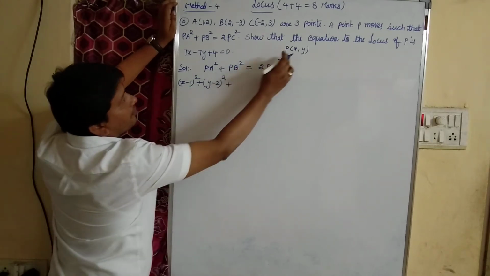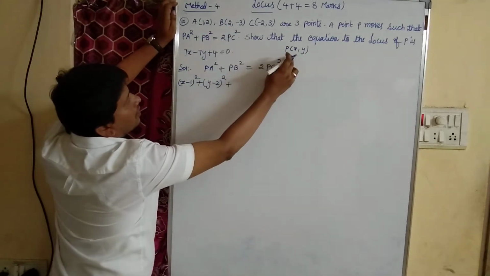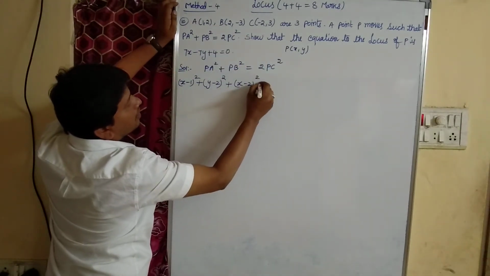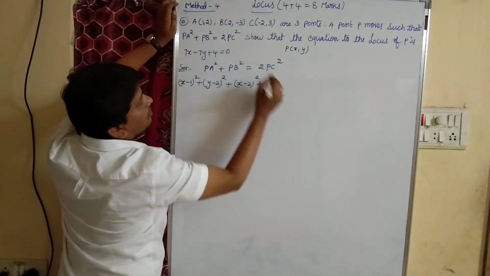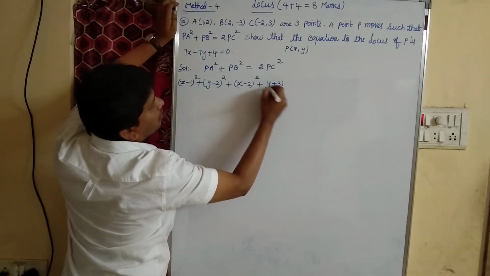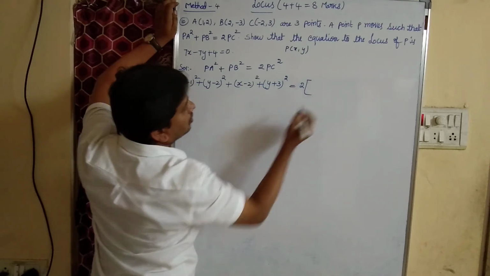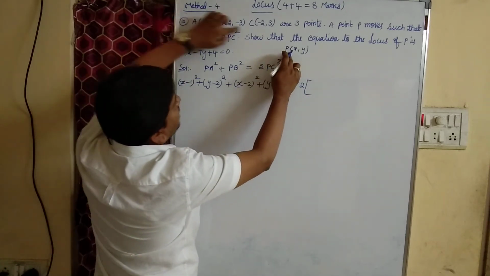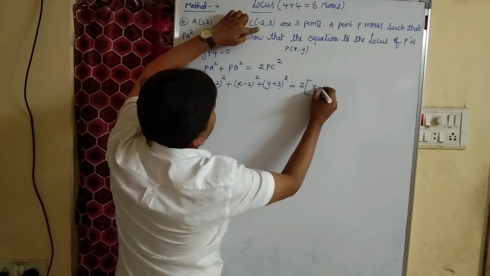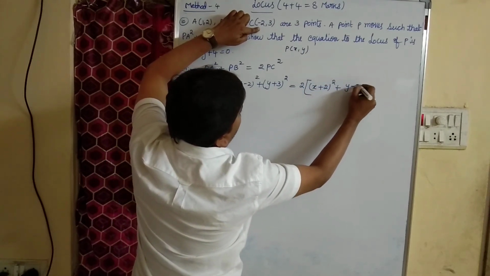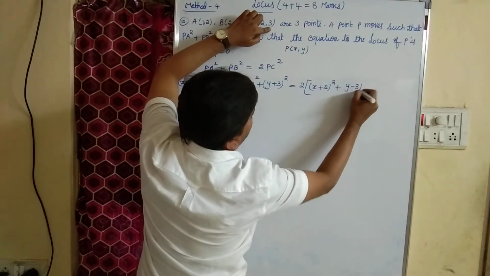Then PB square: P and B, (x minus 2) whole square, y minus into minus plus, (y plus 3) whole square, equals 2 into PC square. P and C: x minus into minus plus, (x plus 2) whole square, and (y minus 3) whole square.